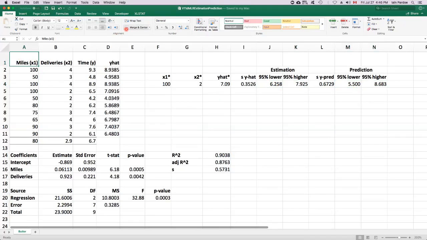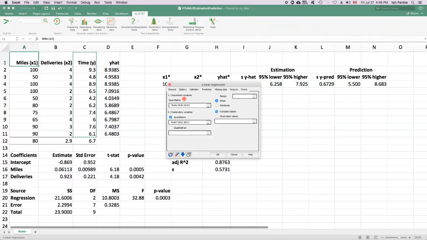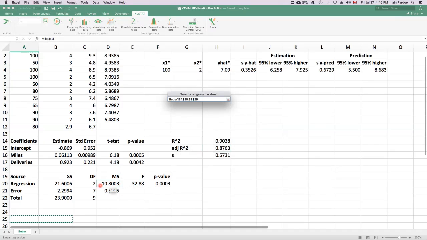So let's see how to get these intervals using Excel stat. Fit the model as usual. And then under prediction, if I click that box, it will prompt me for our explanatory variables. Our explanatory variables are here.